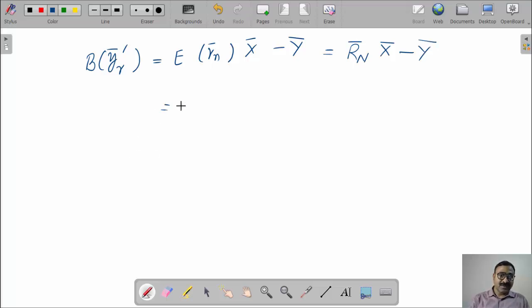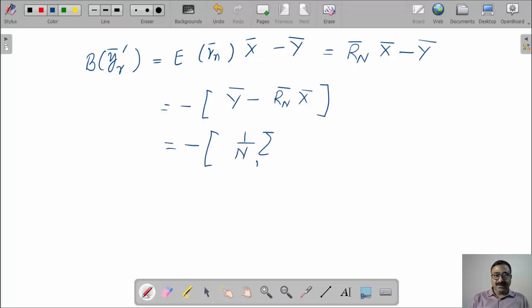So this is equal to, we can take minus common, y bar minus R_n bar x bar, that is equal to minus, this is 1 by n summation i equal to 1 to n y_i, this is the formula for y bar, minus R_n bar x bar.